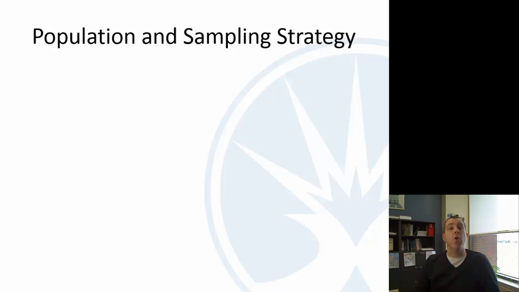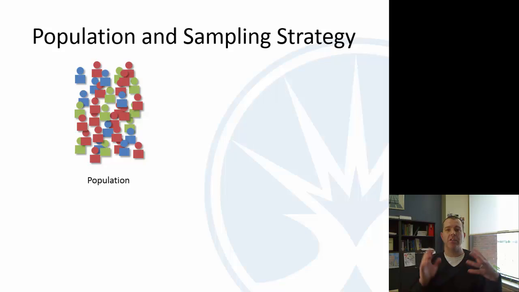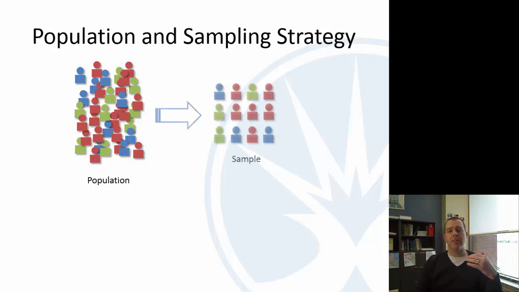In terms of your population and sampling strategy, so if you recall, the population is all of the individuals that we're looking at. And then from that, we're going to select a sample, which is some subset of that. And there are two key characteristics that need to be true about this sample, or at least you need to try to make them true. They need to be randomly selected, and that sample needs to be as representative as possible. So this is important.